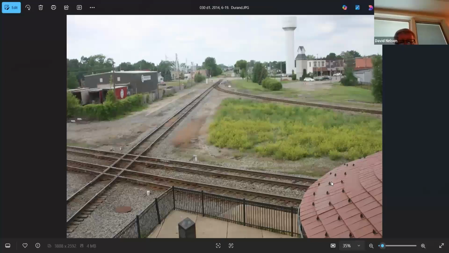And still another area that should be familiar to people on this call is Durand, Michigan. And Durand is interesting because you have this wonderful depot. This is not really north, south, east, west, but we're looking more north than anything. And the tracks in front of us are kind of east, west.